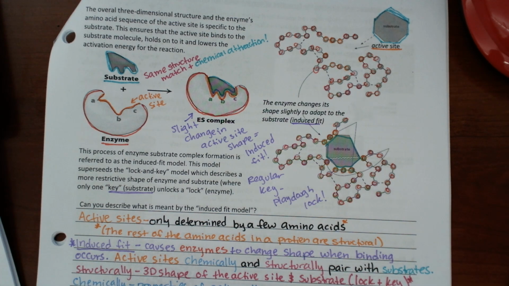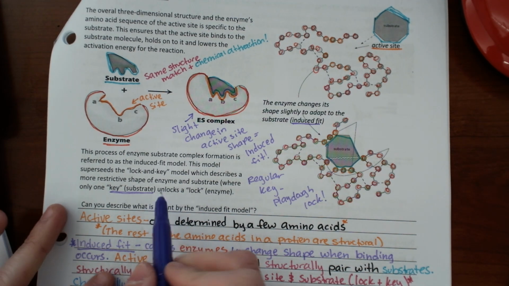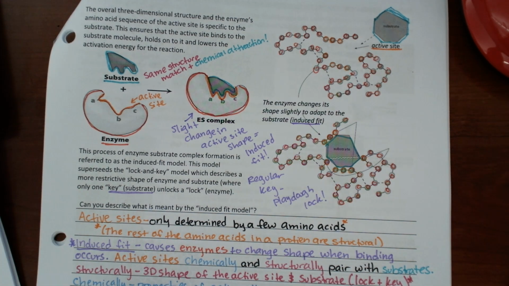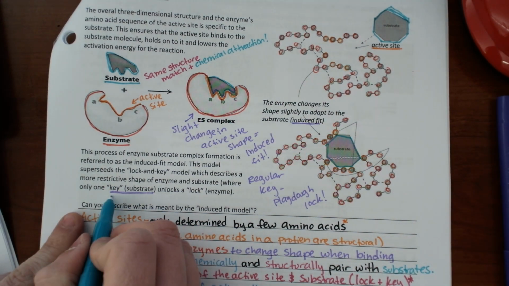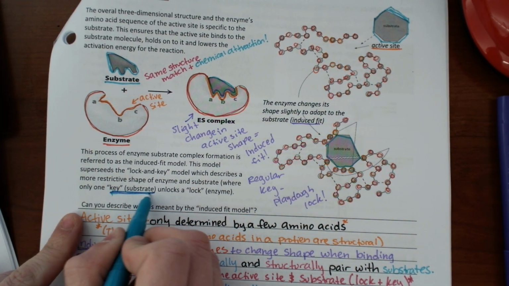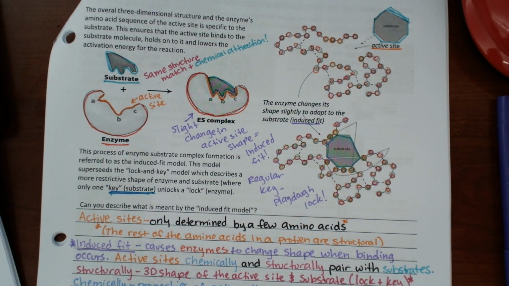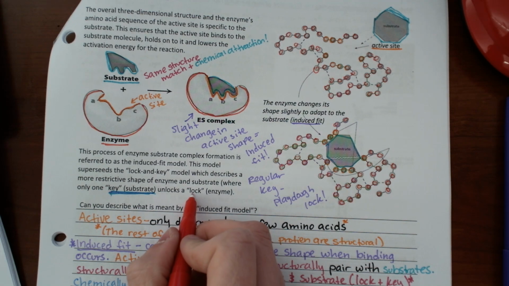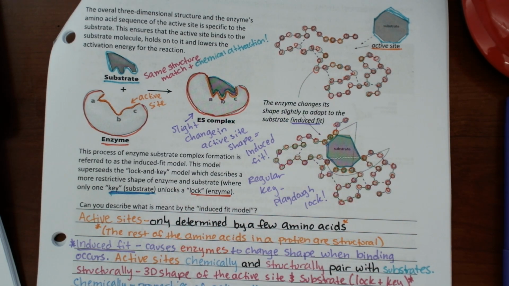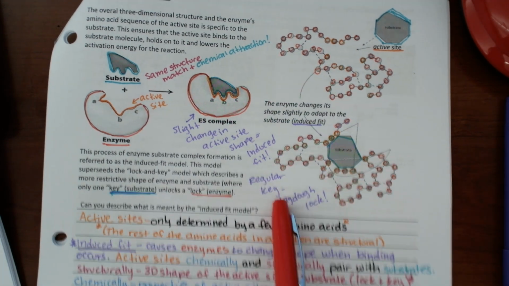Oh, that's the wrong color. It's okay, I'll forgive it. I'm not going to redo this. Key is your substrate. Enzyme is your lock. But it's a slightly different lock. It's Play-Doh-y.